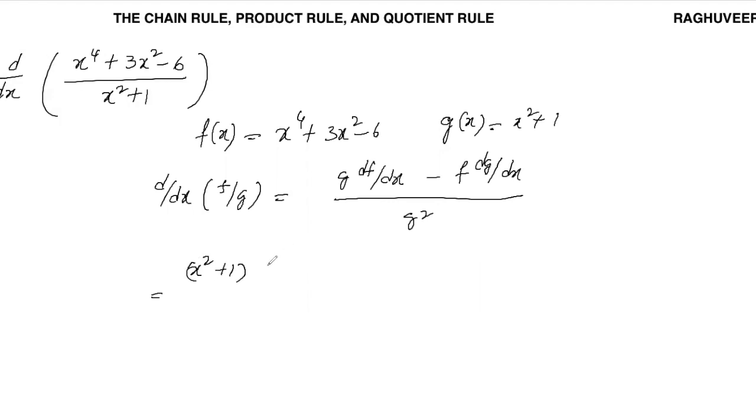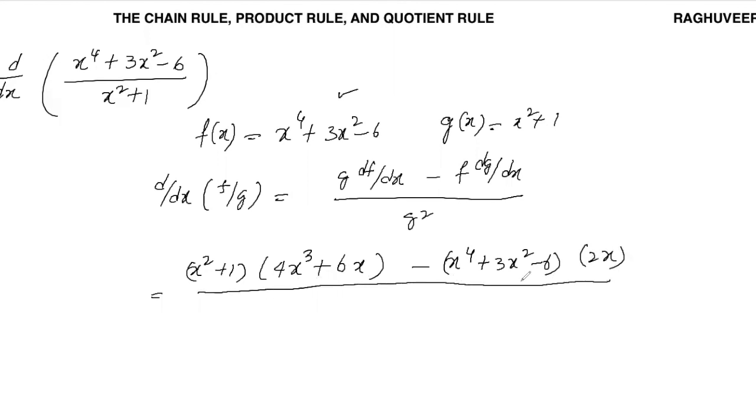Now the differentiation of x power 4 plus 3x square minus 6 would be 4x cube plus 6x and the constant, which is 0, minus f, which is x power 4 plus 3x square minus 6 within brackets, times 2x, divided by g square, which is x square plus 1 whole square.